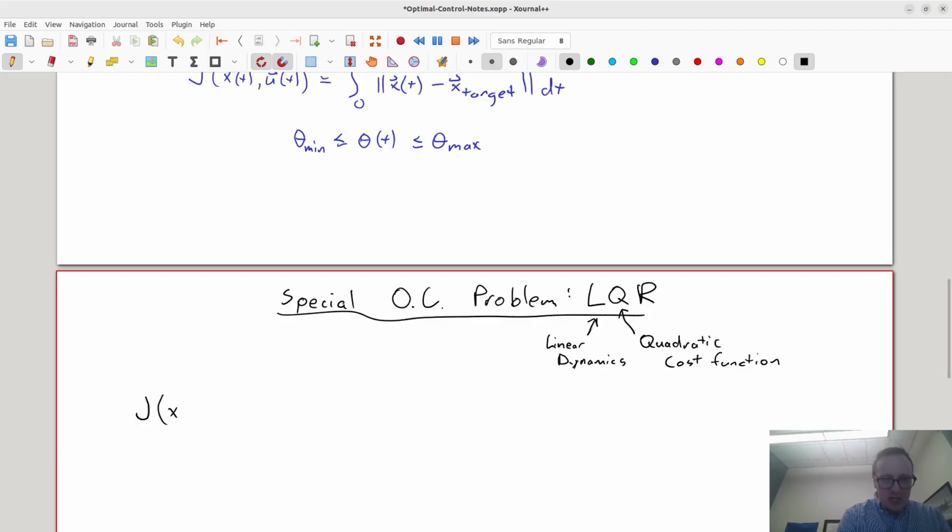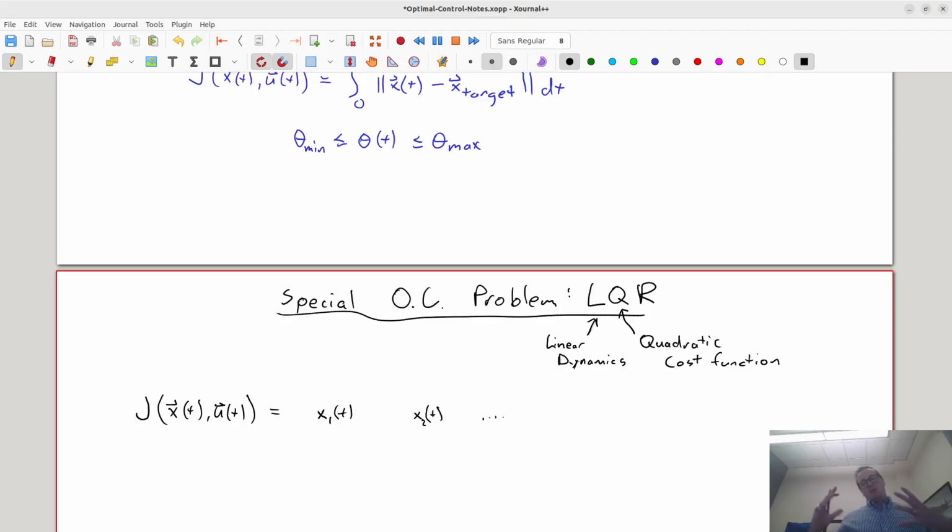So we've got J of x(t), u(t), and this is going to be equal to a quadratic function of the state. So let's say that the state is made up of x1(t) and x2(t), and then we have some other state variables.